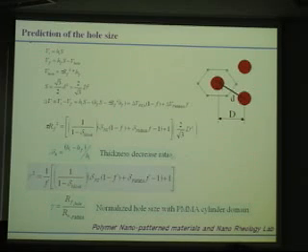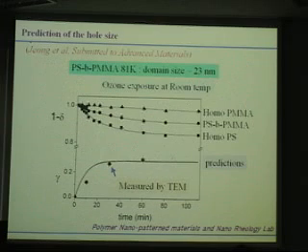So we can simply predict the nanohole size. This is not too easy, not too difficult. So we can calculate the nanohole size. This is the original block radius. This is the final hole size. That is only dependent on the thickness ratio decrease upon the cross-link.